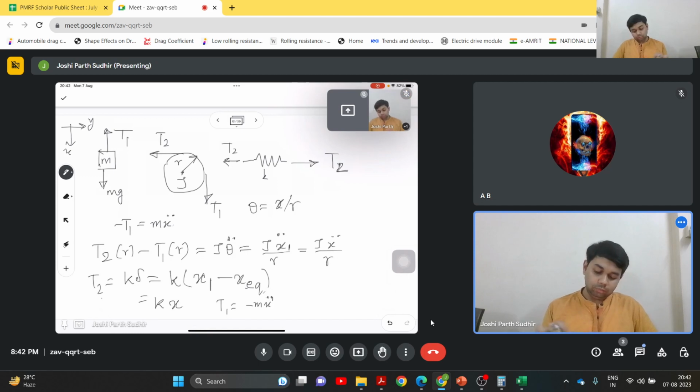So T2 is kx, so basically kx into r, plus, it will be basically minus T1 into r, so minus T1 into r will be mr x double dot, which is equal to J into x double dot by r.